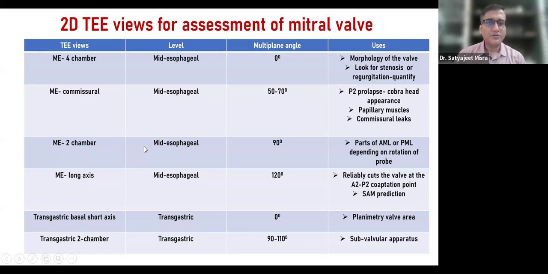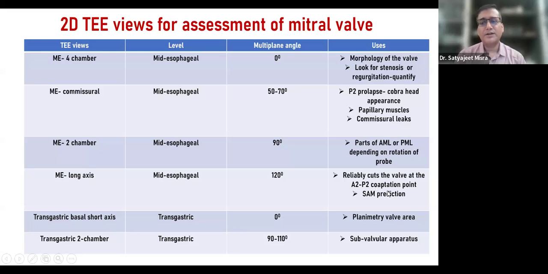The midesophageal 2-chamber view is obtained. It's an orthogonal view to the 0 degrees, so it's obtained at 90 degrees. And you see various parts of the anterior mitral leaflet or the posterior mitral leaflet, depending on the rotation of the probe, whether you're rotating it more to the left or more to the right. The midesophageal long axis, so this is basically the 3-chamber view, is at 120 degrees.